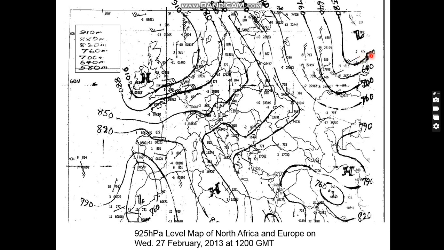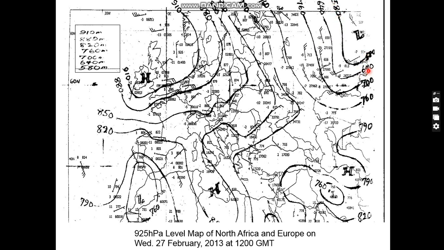So 580 exists between 556 and 613. As we are analyzing, we try as much as possible to make the lines parallel to the wind direction. As we come over here, this one is 527, and this is 658. So 580 exists between 527 and 658. We draw it and label it.